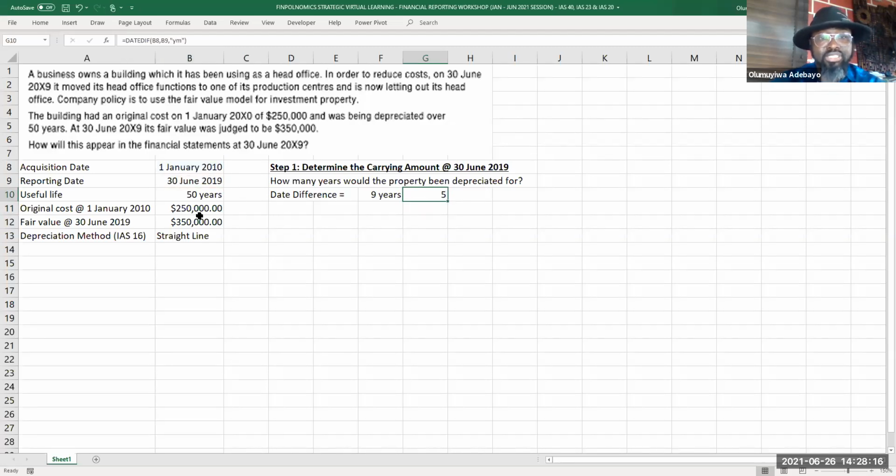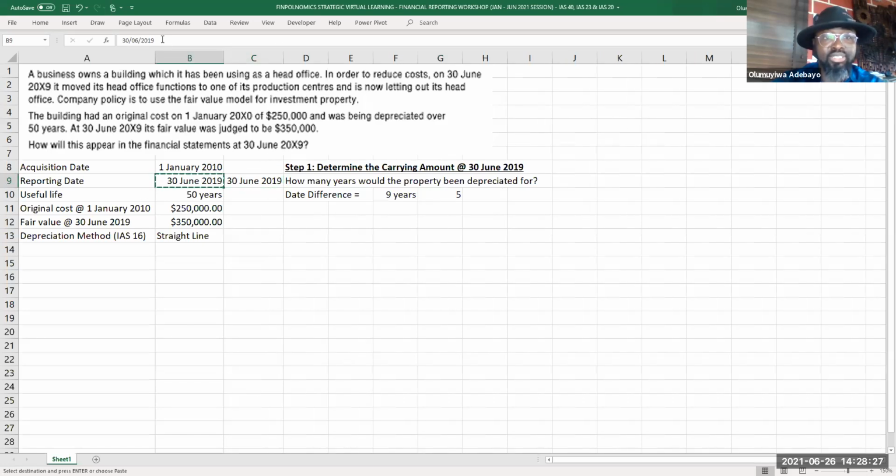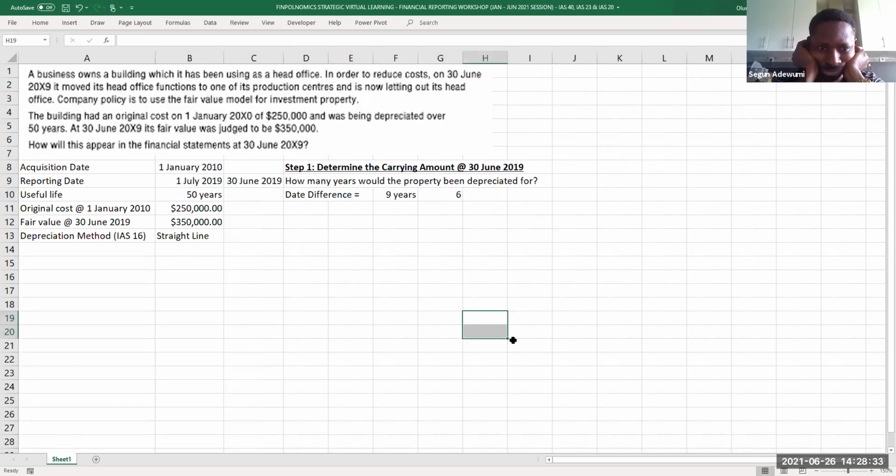Therefore, it's showing 5 months, but I know that if I put the equivalent of July 1st, let me just add one day to it, so that it shows me the exact months, 6 months, because it rounds down rather than rounding up.